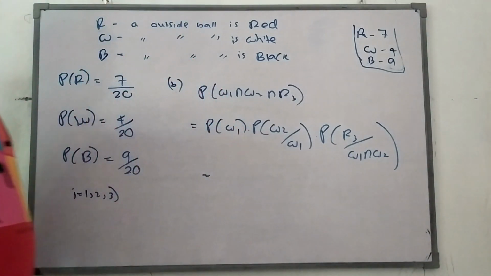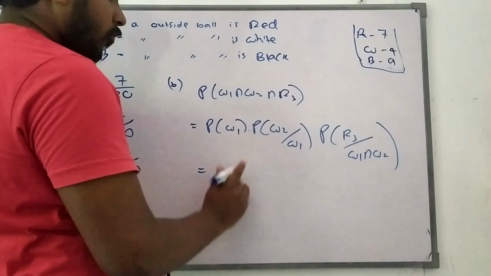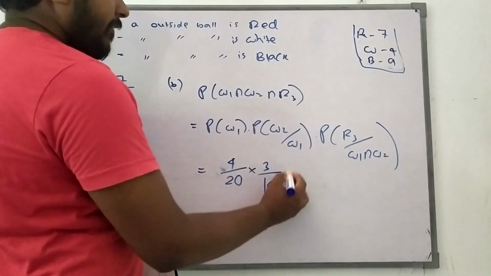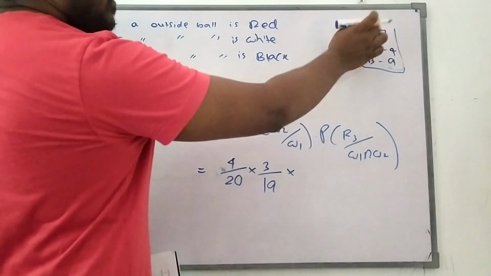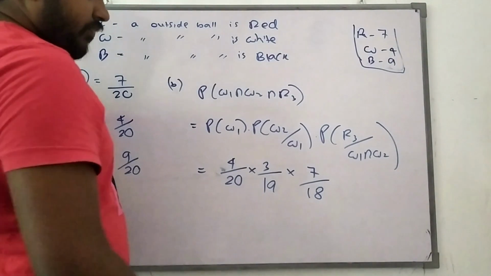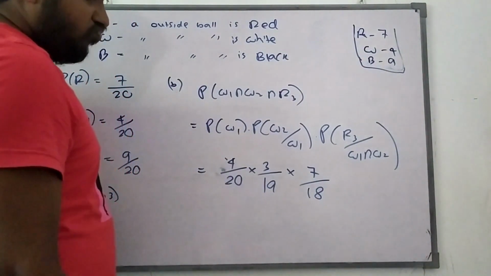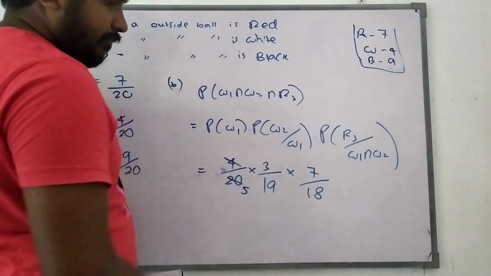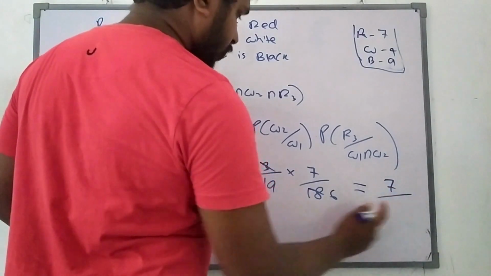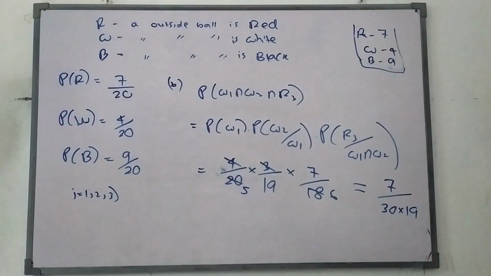W1 means 4 over 20, again 3 over 19. And the red is, we have 7 out of 18, so 7 over 30 over 90.